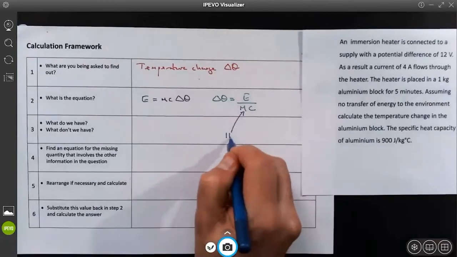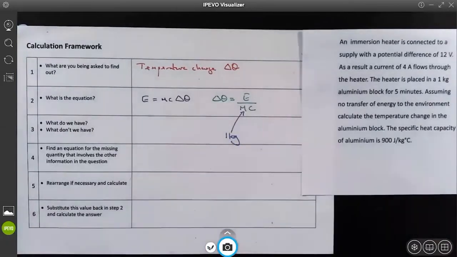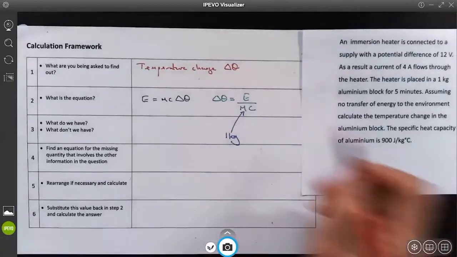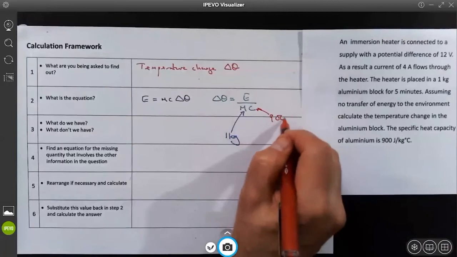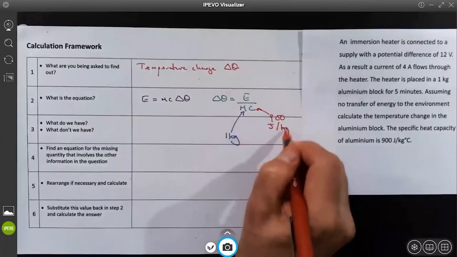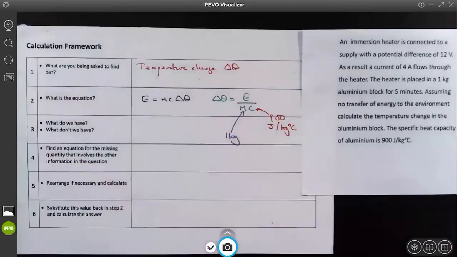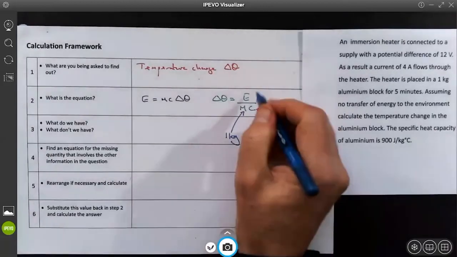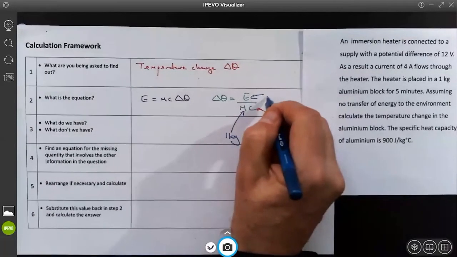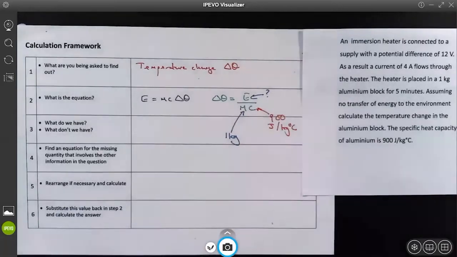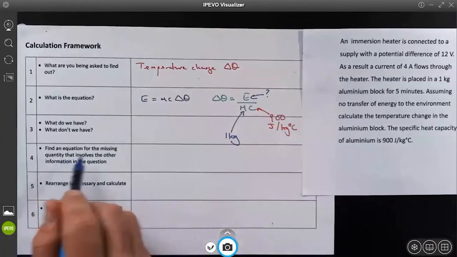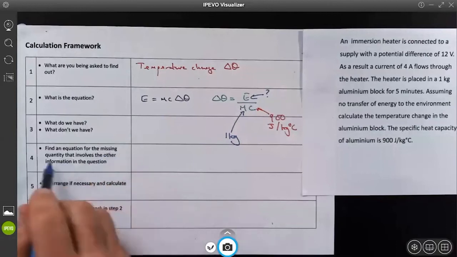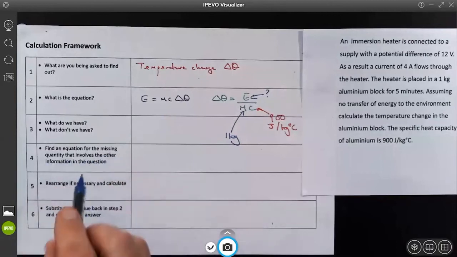We can also see that we're given c, the specific heat capacity, which is 900 joules per kilogram degrees C. But what we're not given is E. That is a quantity we're going to have to evaluate. So stage 4 asks us to find an equation for the missing quantity that involves the other information in the question.